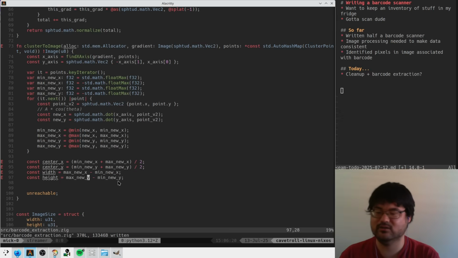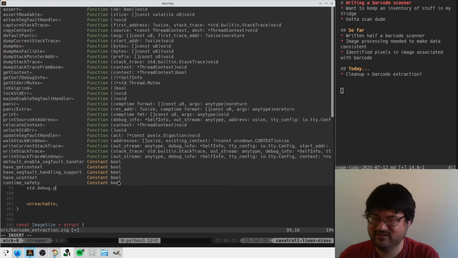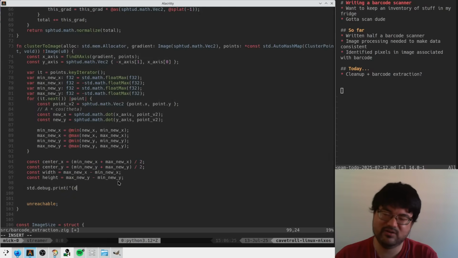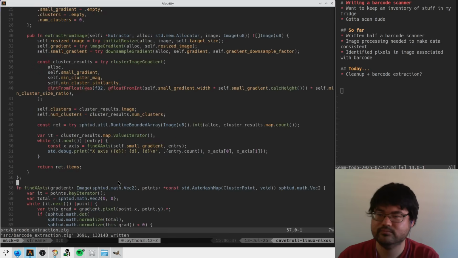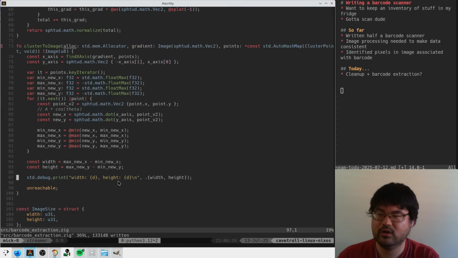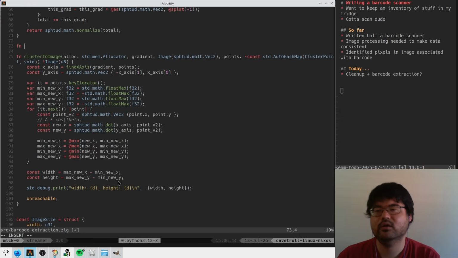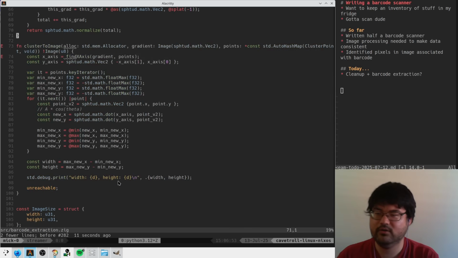Okay, can we at least log this stuff for a second? Width and height. Is this part correct? Before we start getting too far down the rabbit hole. Can we do this as calc box params for now?